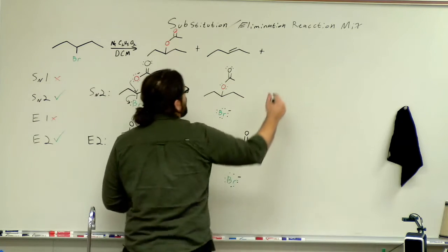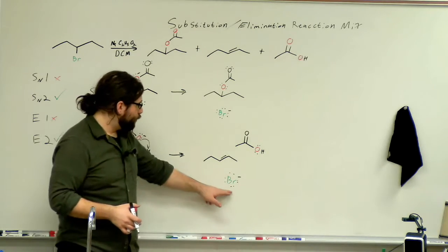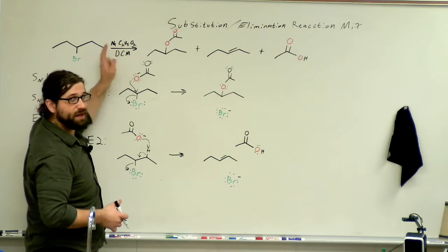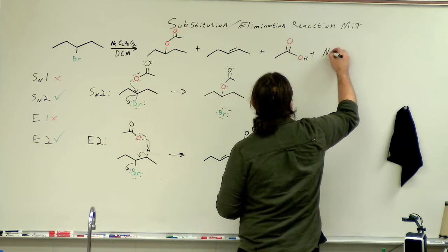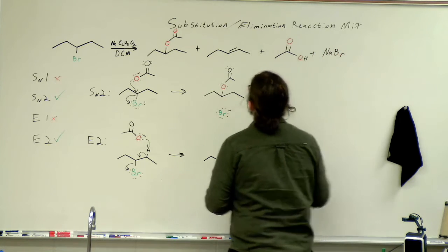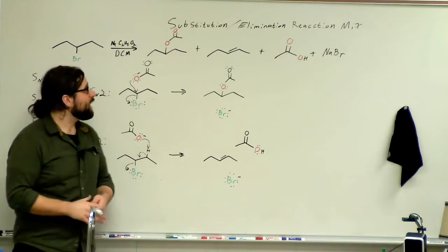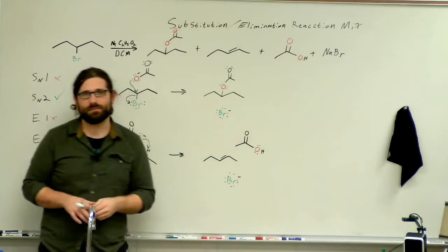This is a carboxylic acid right here. And finally, the bromide anion takes the place of the acetate anion in bonding with the sodium. And so because of my different reaction mechanisms, I actually end up with 4 distinct products in this reaction.